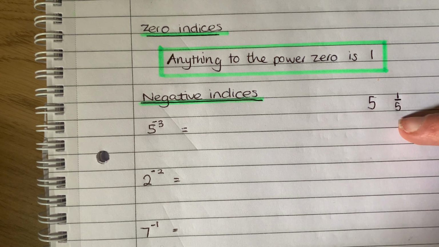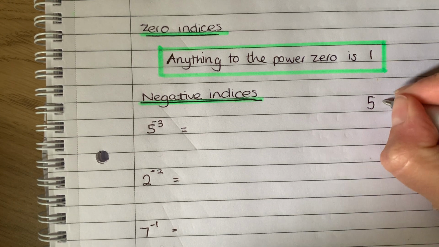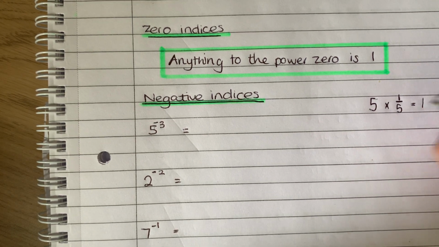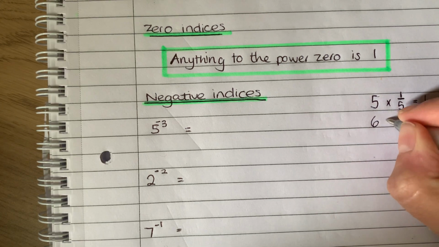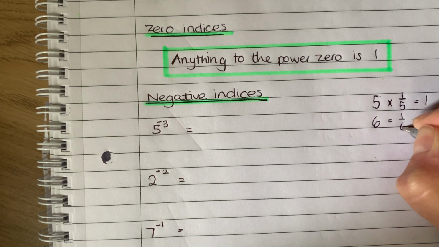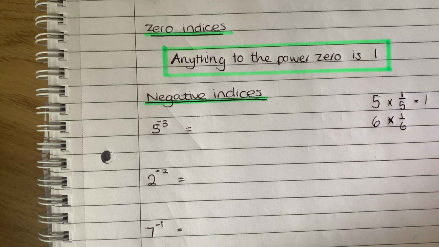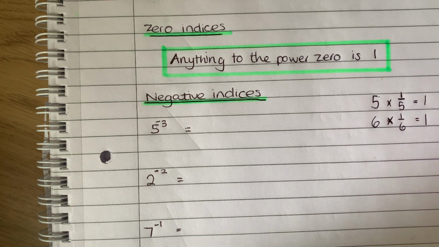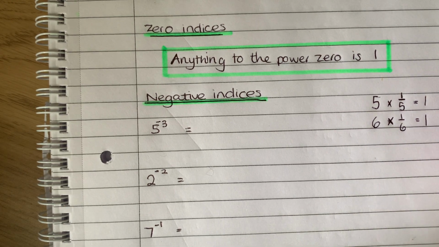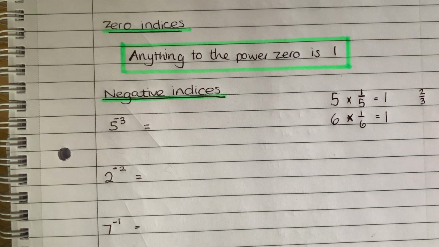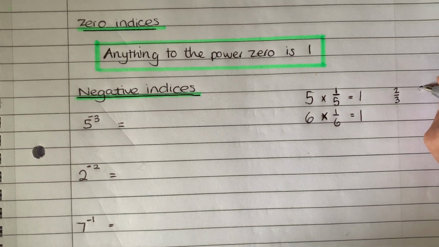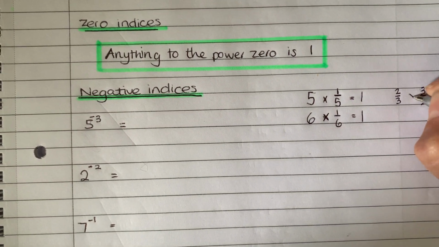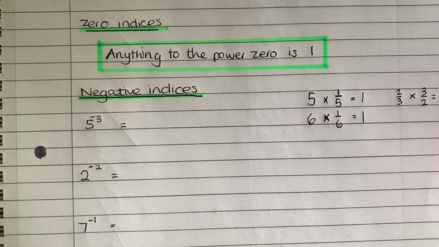Now, a number and its reciprocal always multiply together to make 1. Okay, so the reciprocal of 6 would be 1/6, because 6 times a sixth is 1. The reciprocal of 2/3, okay, would be 3 over 2, because they multiply together to make 1.